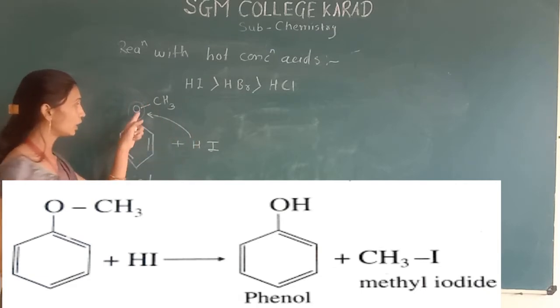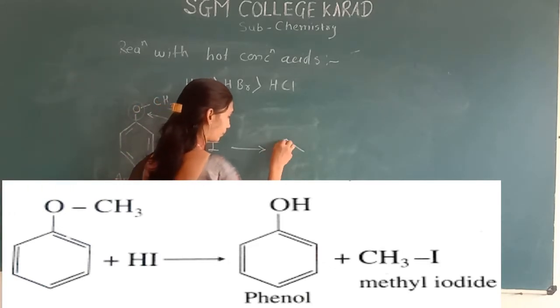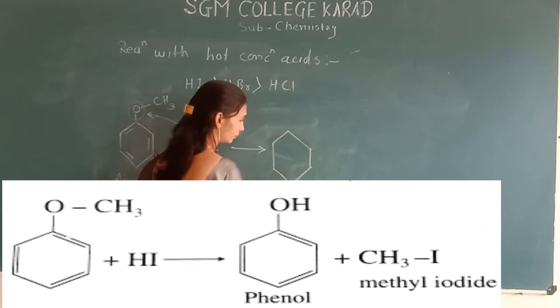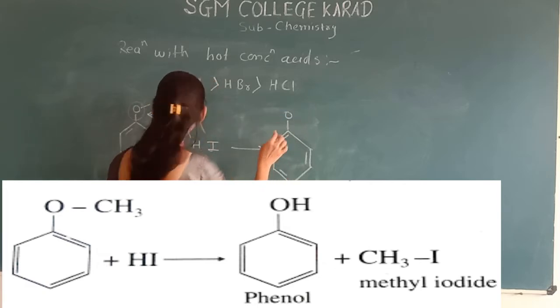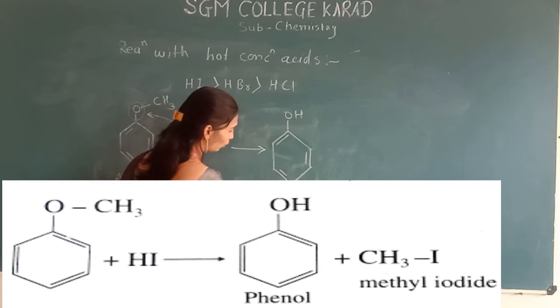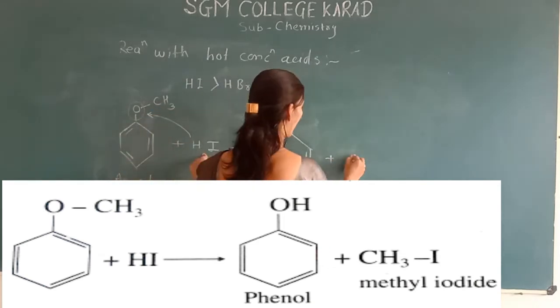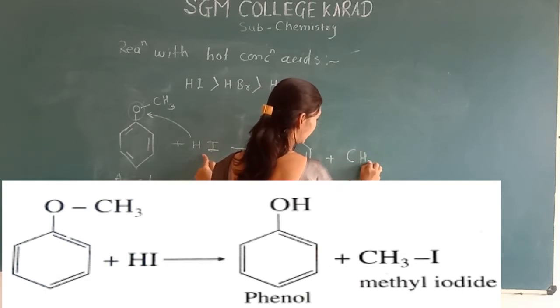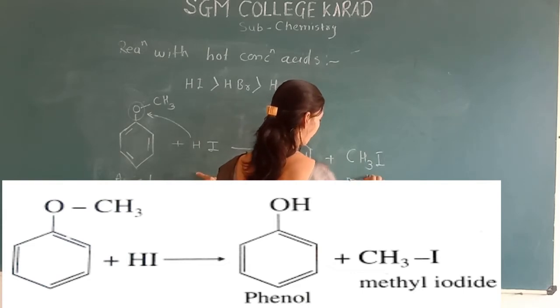That H attaches to that O, and phenol will be produced, and this CH3 attaches to our iodine, CH3I, that means methyl iodide is produced.